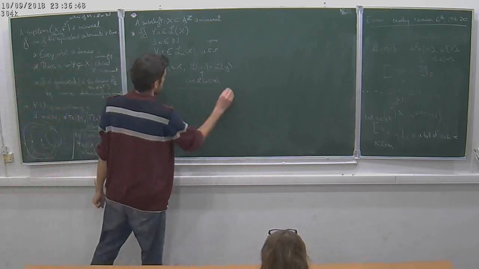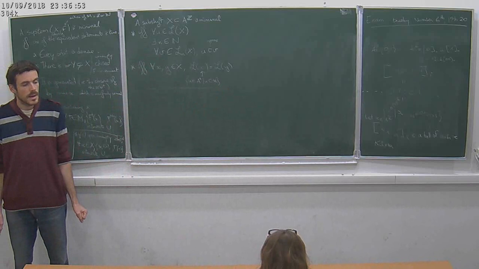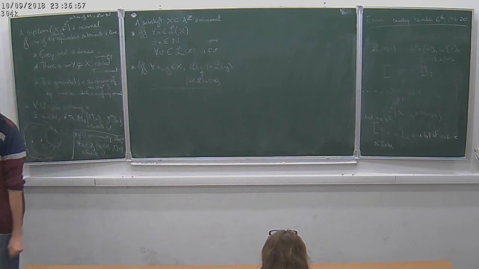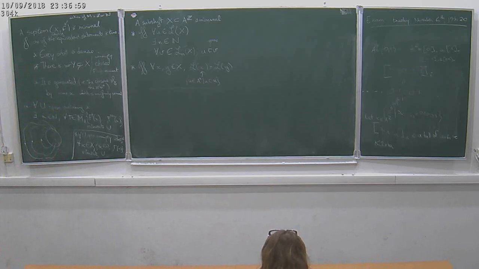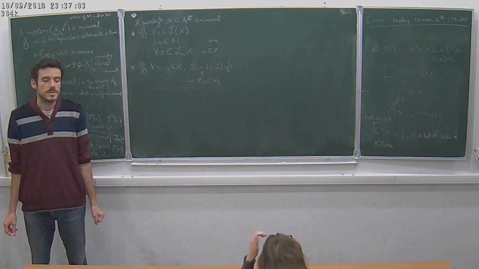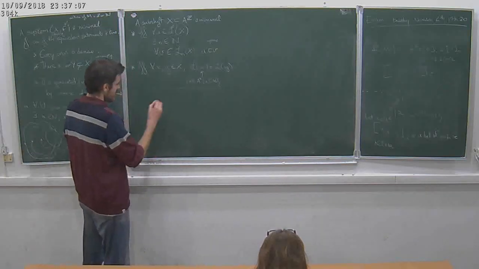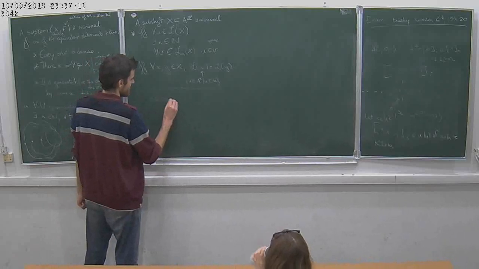Okay. Do you have a very simple example of a minimal system, a minimal subshift? It contains one point. Yes, so for example 0, 0, 0, 0, 0.